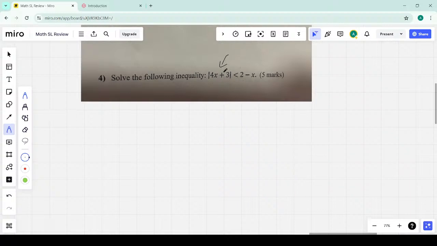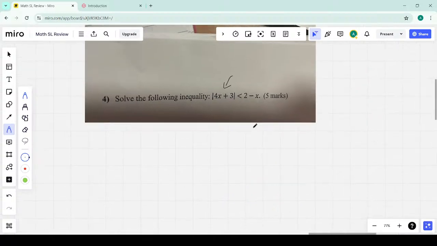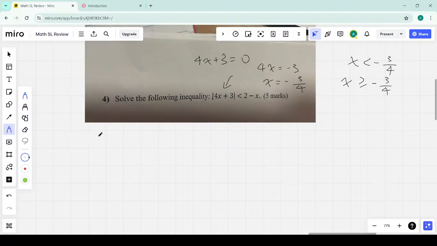In this case, the sign changes when 4x plus 3 equals 0, or 4x equals negative 3, or x equals negative 3 over 4. So we have to do two cases, one for x smaller than negative 3 over 4, and one for x greater than negative 3 over 4.